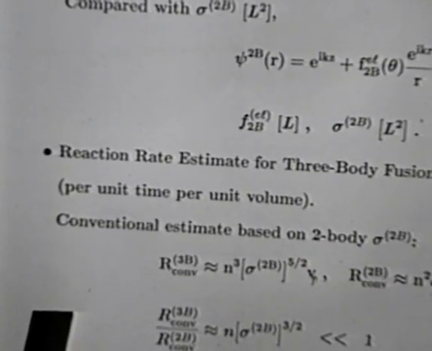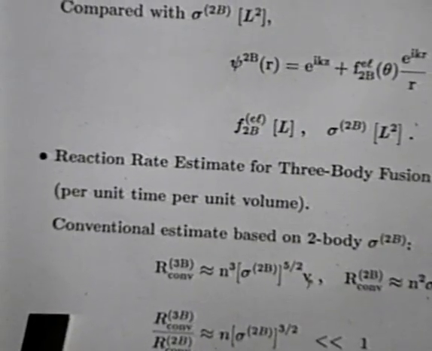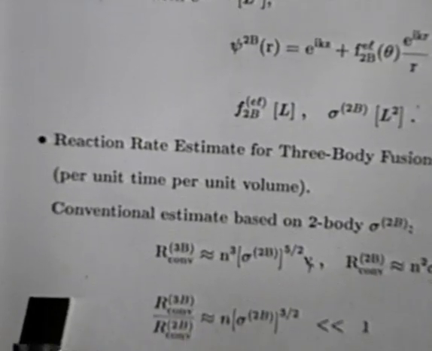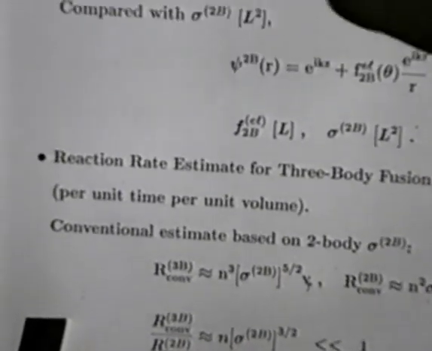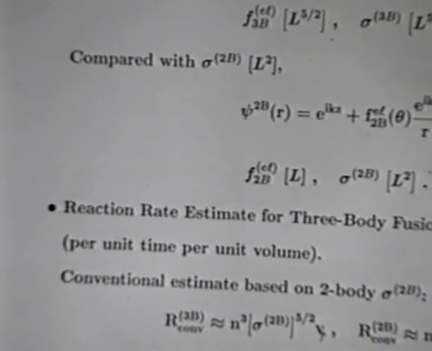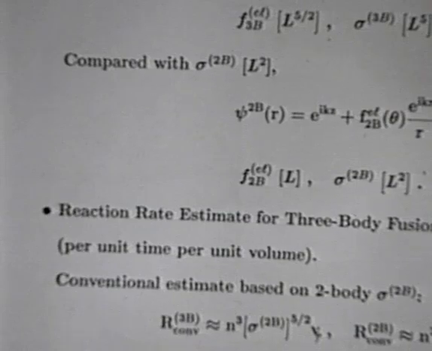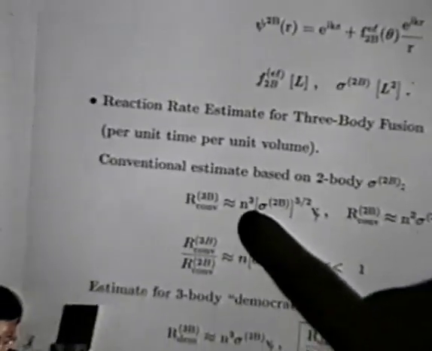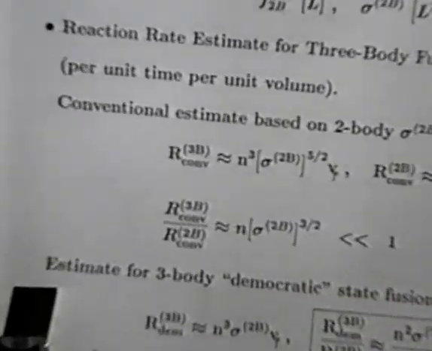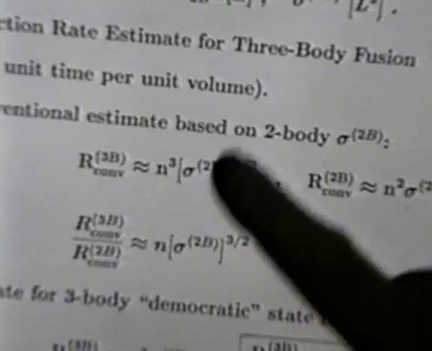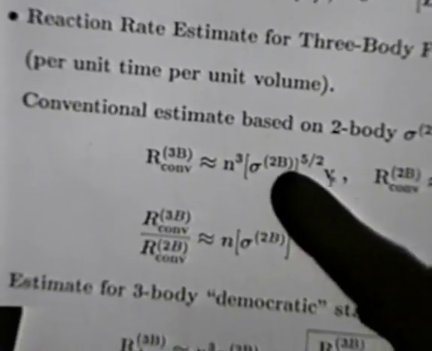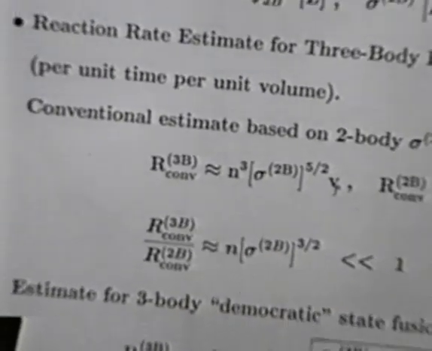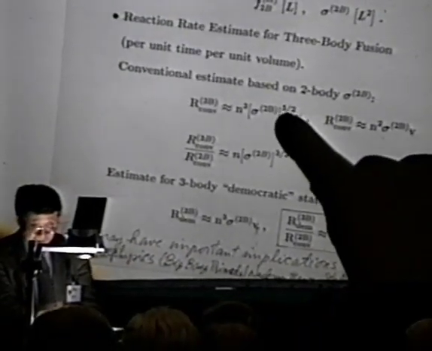For the true three-body scattering state, the amplitude goes like length to the 5/2, and its square goes like length to the 5. If you want to calculate the rate, then of course three-body collision involves N cubed rather than N squared, and this is the cross-section we computed over there. But if you use a conventional two-body multiple collision, then you end up with a much smaller rate.